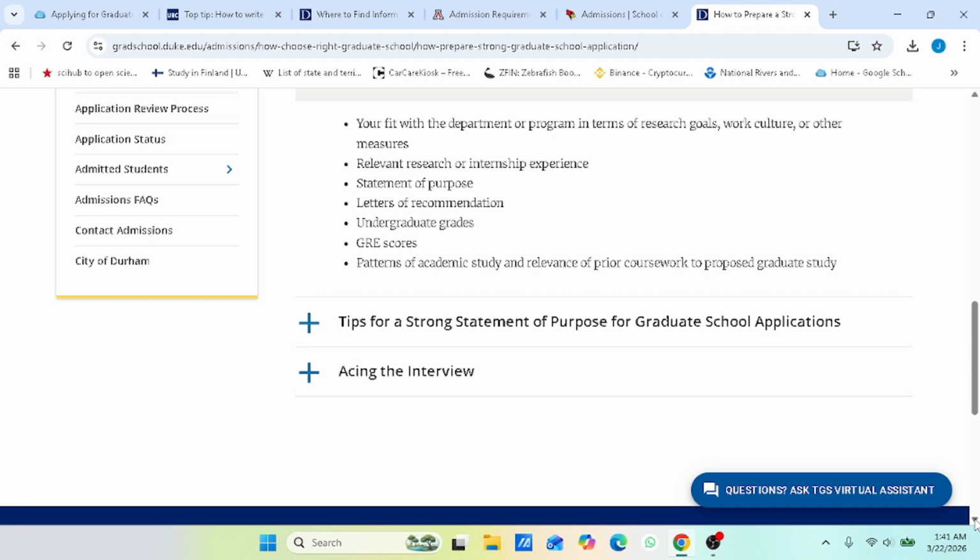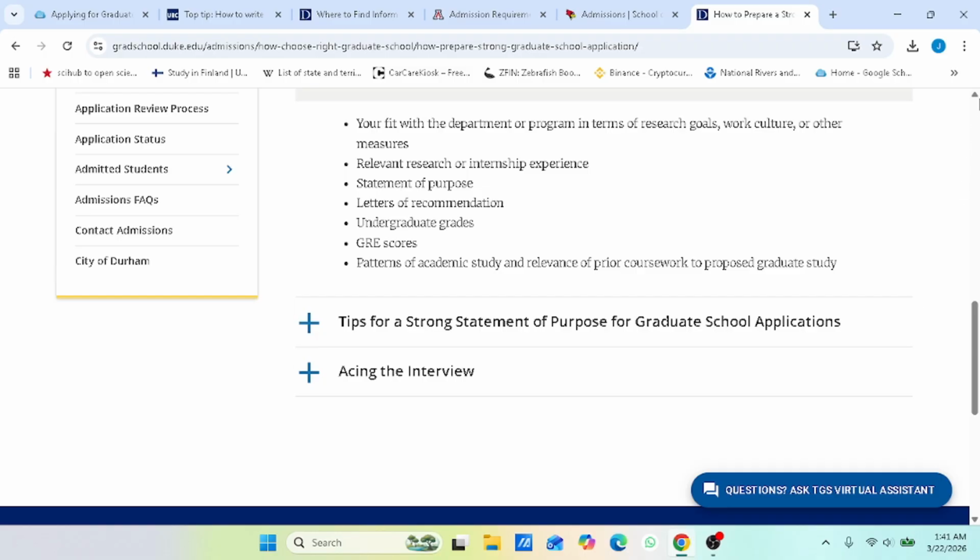I think that is understood in a layman's language. Have you done undergraduate coursework that is relevant to the program you propose to enter? I think that is an easier way of putting it.